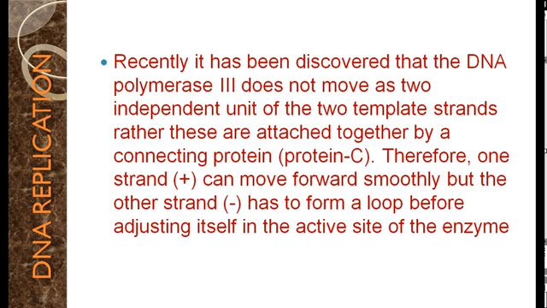Recently, it has been discovered that the two molecules of DNA polymerase 3 do not move independently in opposite directions, that is on the leading and lagging strand, but are connected together by a protein and therefore always move together.